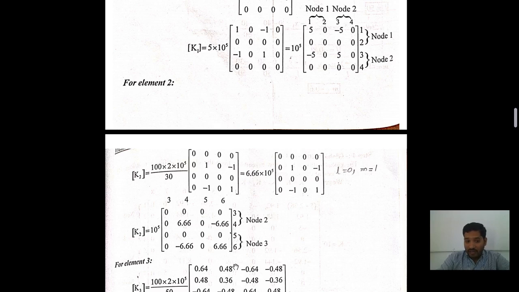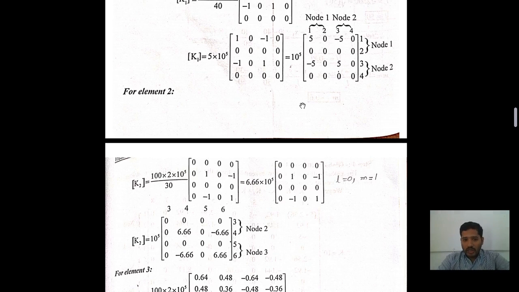After that, what I am doing here, in this one, this 3 and 4, what can we say? We can say as node second. If you want to join the second element, we need to join the second node to the third node. Clear? Second node to the third node.